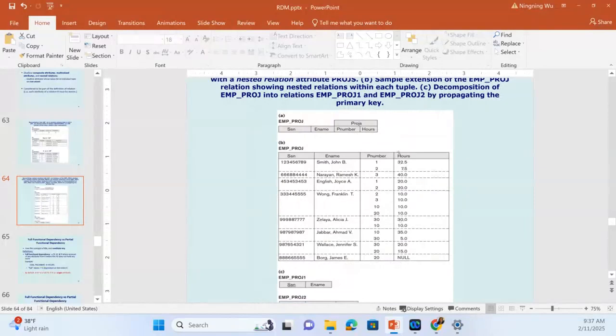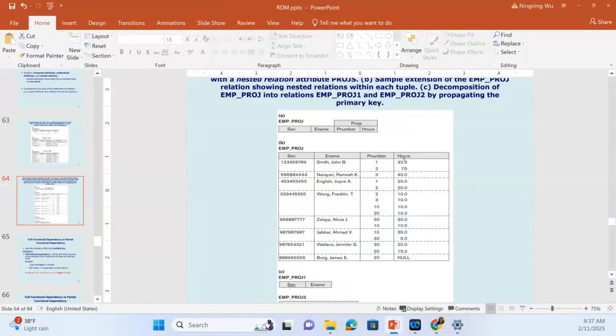So here is another example. In this EMP_PROJ, it has a nested relation under the PROJ. What does that mean? If you look at the table, SSN and ename only have a single value for each record.